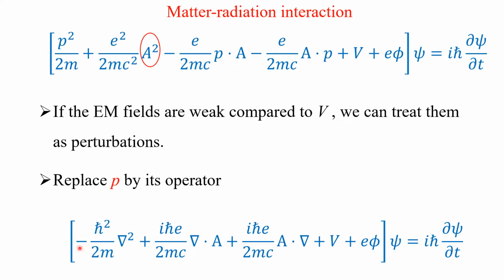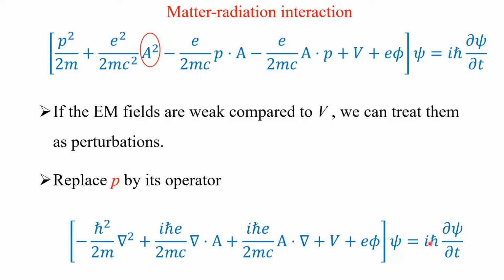If you square it, you will get minus ħ² ∇². Then the third term will become plus iħ e/(2mc) ∇ dot A. Similarly, for the A dot P term, P comes after A, so as usual minus of minus will become plus, naturally giving plus iħ e/(2mc) A dot ∇. The other two terms we are keeping as they are, V plus eφ.